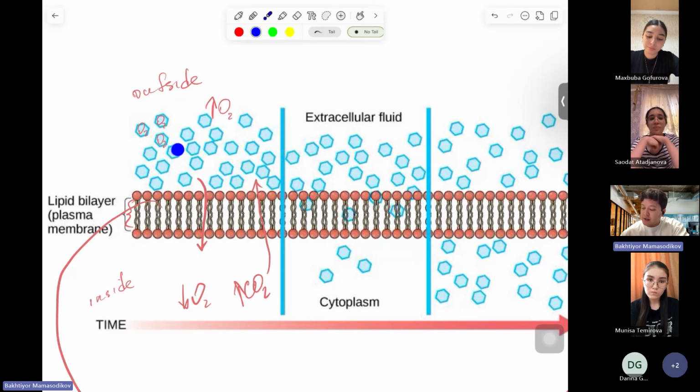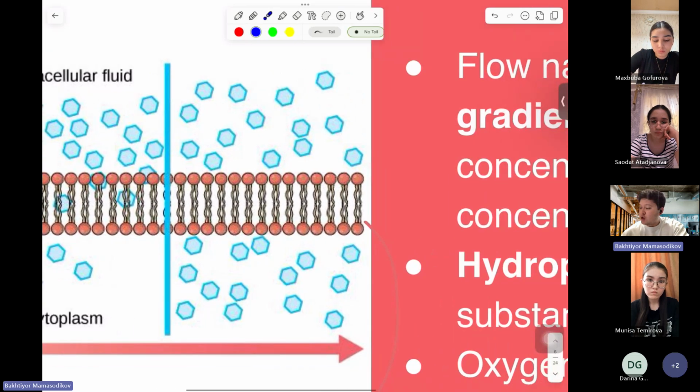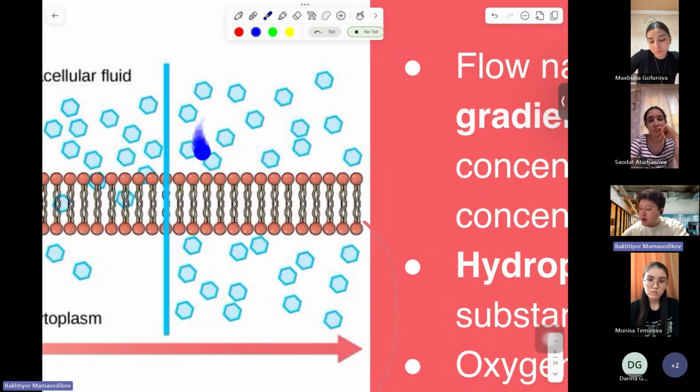So outside is more, and as you can see here from the extracellular fluid, they start to move inside down the concentration gradient. At the end you will have an equal concentration in both parts. That's how they move according to the concentration.